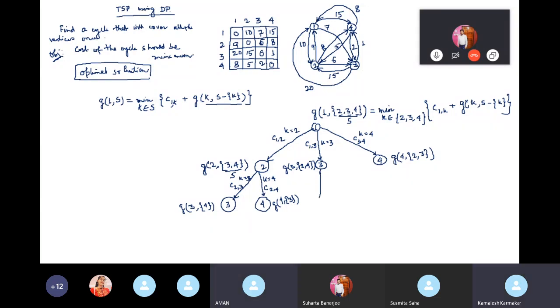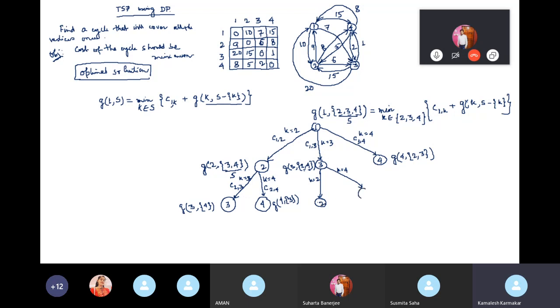Similarly this one, how will it be expanded? Let us expand it. What can be the next vertex? Either 2 or 4. Here K can be equal to 2, or here K can be equal to 4. If K equals to 2, the next vertex is 2.